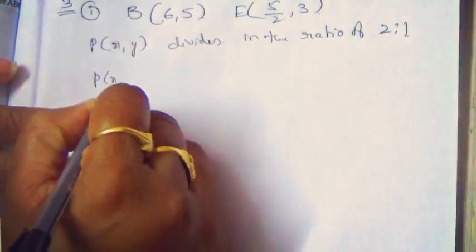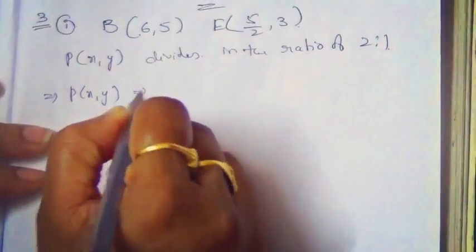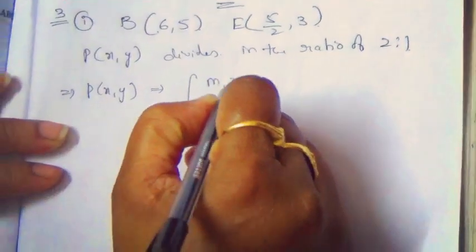So P of (x, y) is nothing but, already we know the section formula.